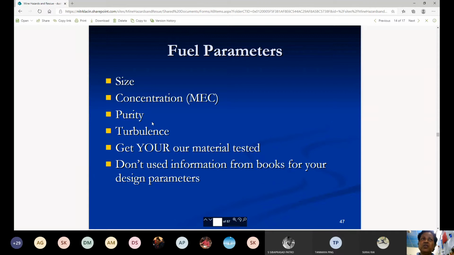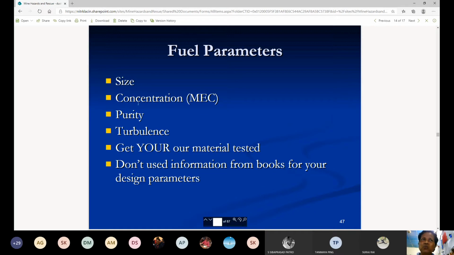And turbulence, whether the coal dust is suspended in the air or lying on the surface, whether they are moving in the coal mine gallery or they are settled. That is turbulence.